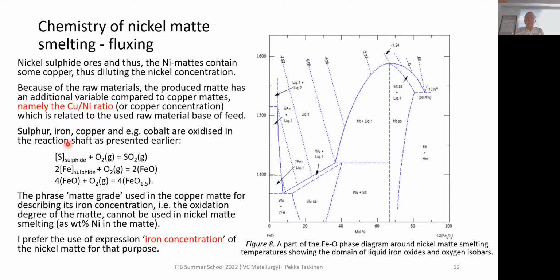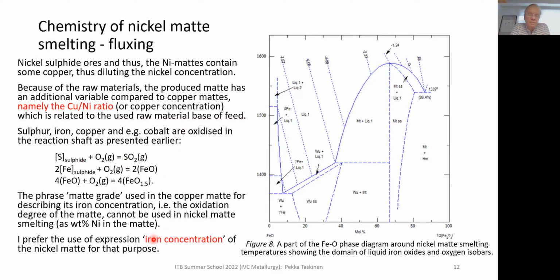So out of the total nickel amount, we have half of that, or one third of that, copper present in our matte, which is a major diluter, at least from the compositional point of view, and thus those nickel mattes containing a lot of copper and those mattes containing very little copper may behave in very different ways, and this is a systematic change in the thermochemistry and thermodynamics of the matte.